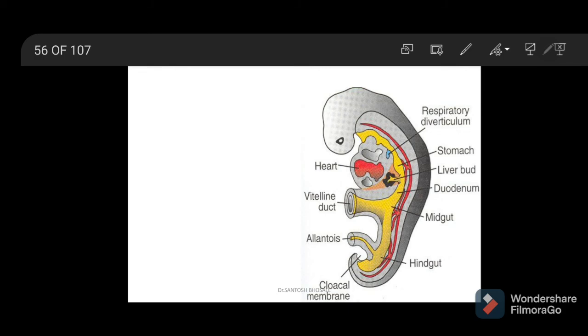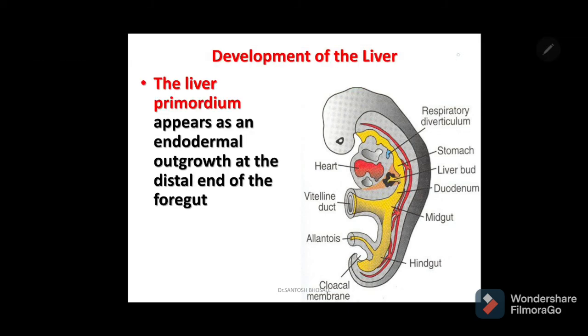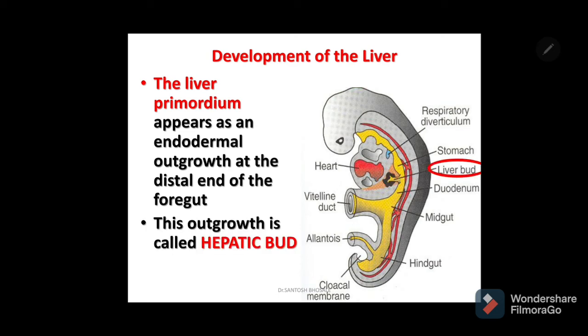So the liver primordium appears as an endodermal outgrowth from the distal end of the foregut, that we call the hepatic bud. So it is an endodermal outpouching from the caudal part of the foregut from the ventral side.